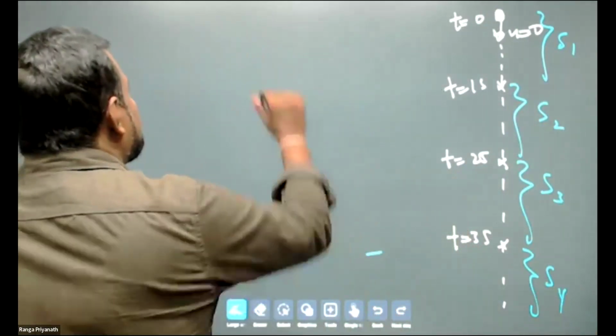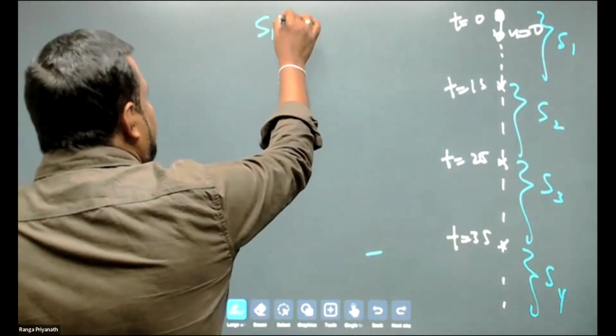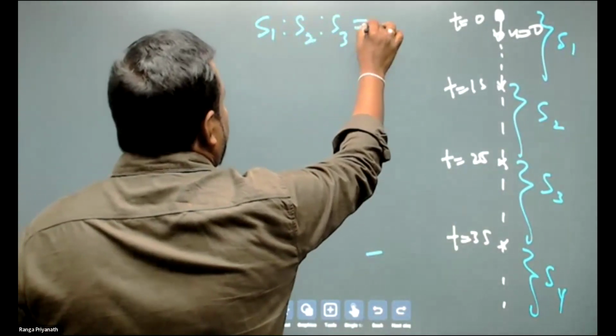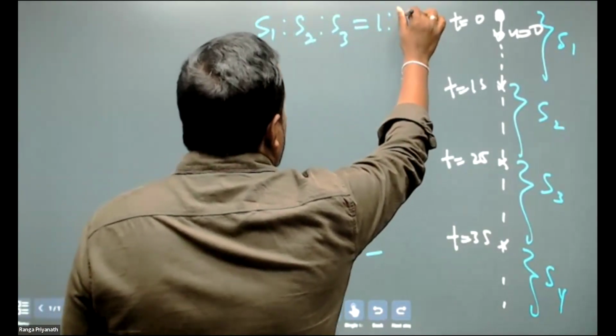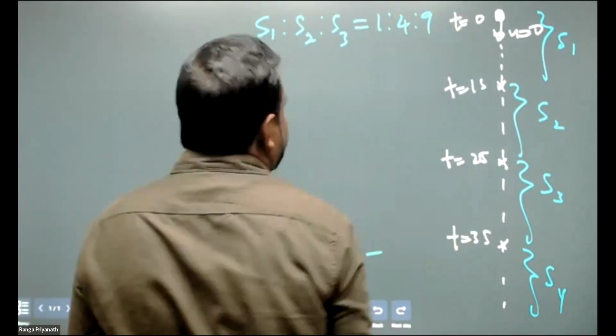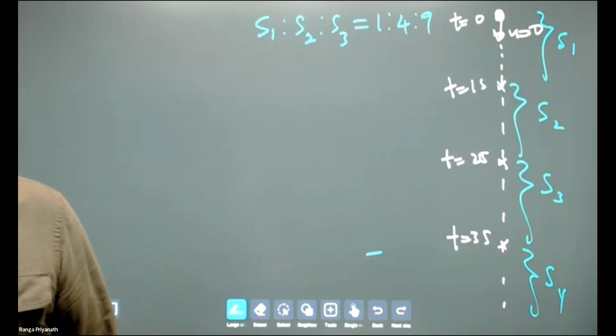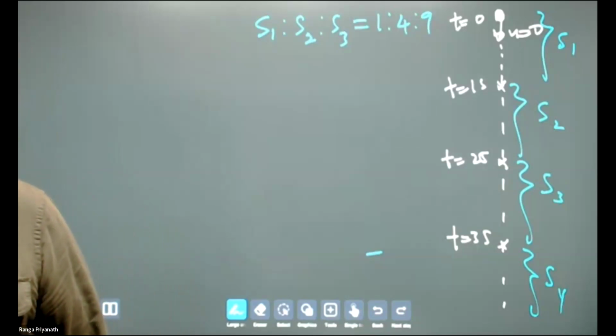I have given you this idea: S1 to S2 to S3 ratio equals 1 to 4 to 9. If you don't remember, you can write these small points down. They are very important.